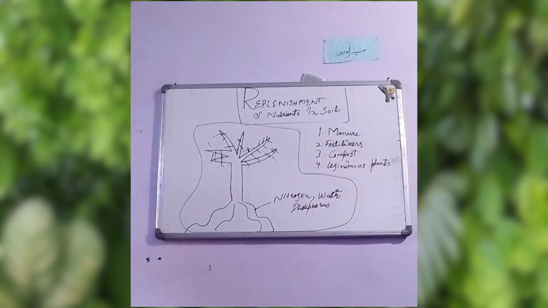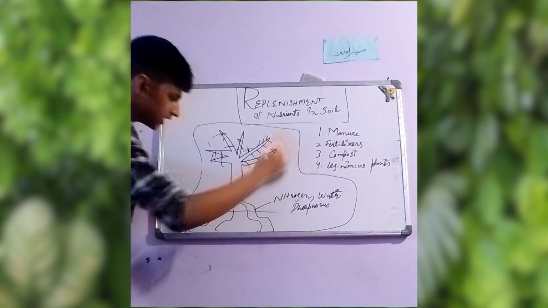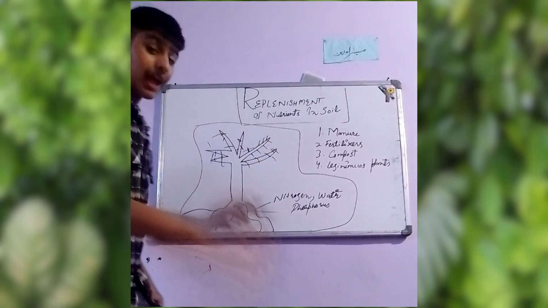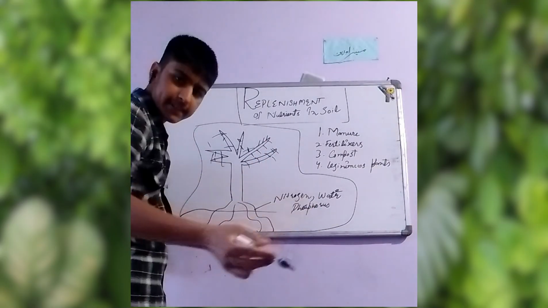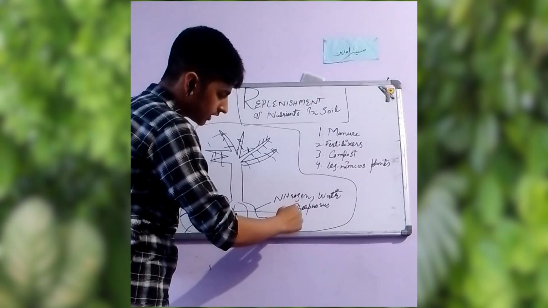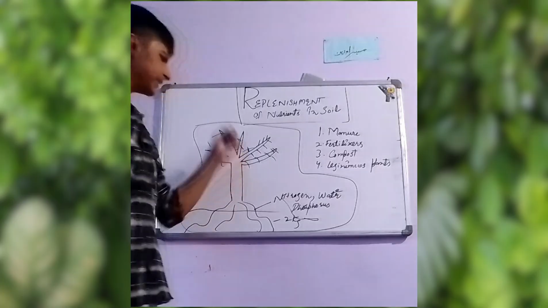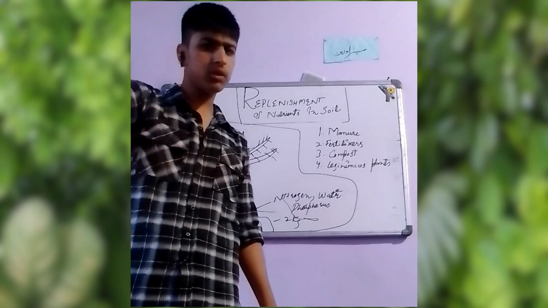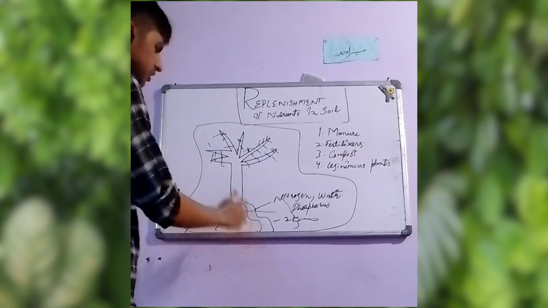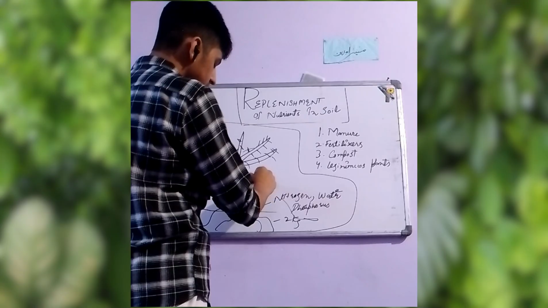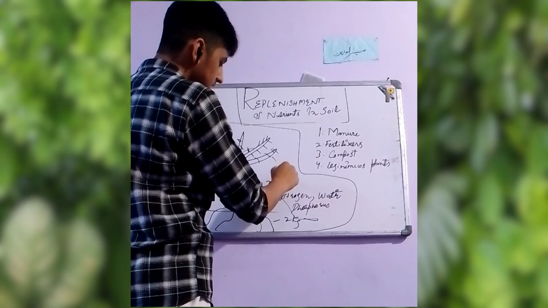For example, here's a plant, and in the soil there are 2 kilograms of nitrogen present. It is a leguminous plant which absorbs more nitrogen. So this plant absorbs 1 kg of nitrogen per month.